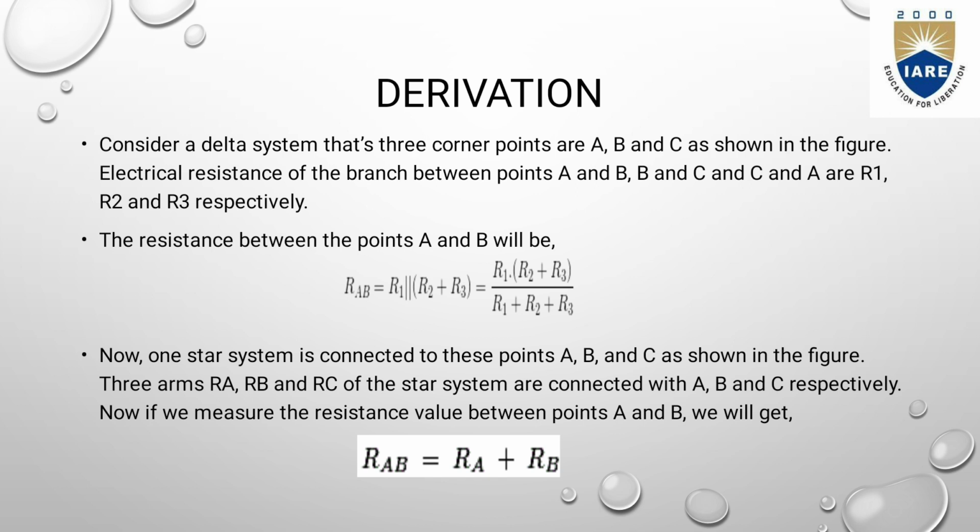Now one star system is connected to these points A, B and C as shown in the figure. Three arms RA, RB, RC of the star system are connected with A, B and C respectively. Now if we measure the resistance value between the points A and B, we'll get R of AB is equal to RA plus RB.